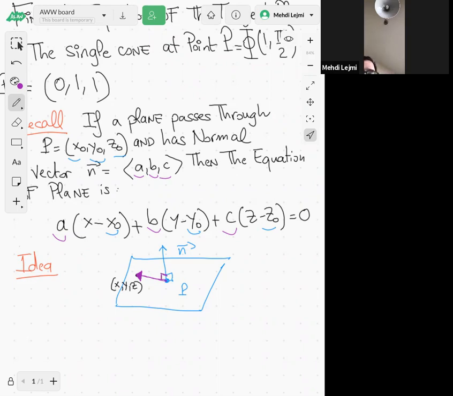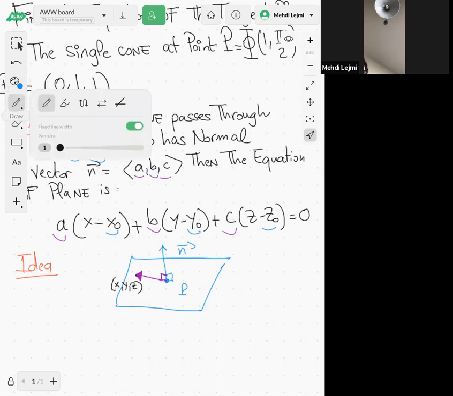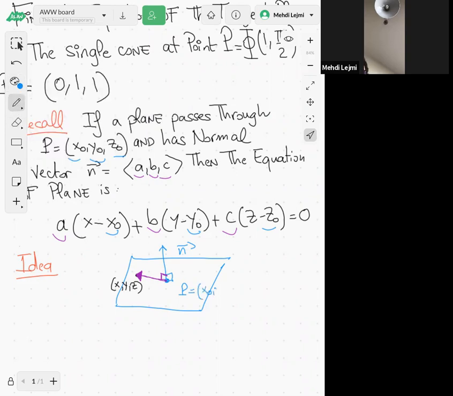So then this vector should be orthogonal to the normal vector n. Let's say this is the point P with coordinates x0, y0, z0. The vector x minus x0, y minus y0, z minus z0 is the vector going from P to x, y, z.